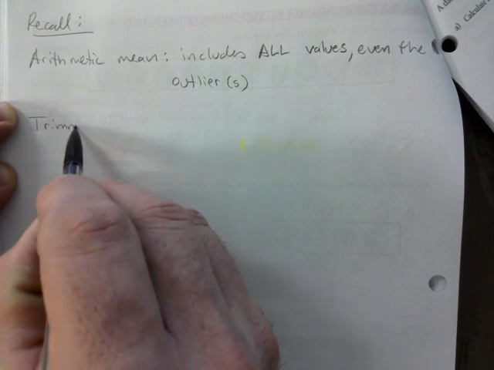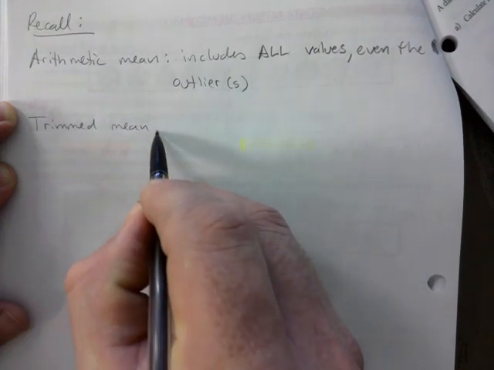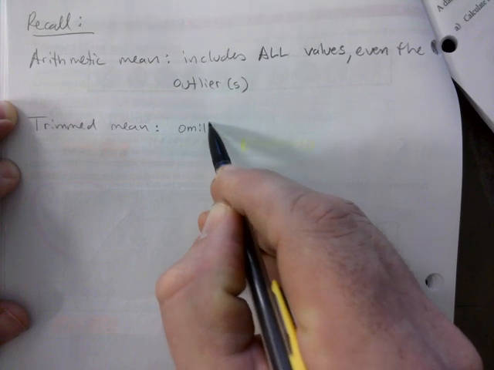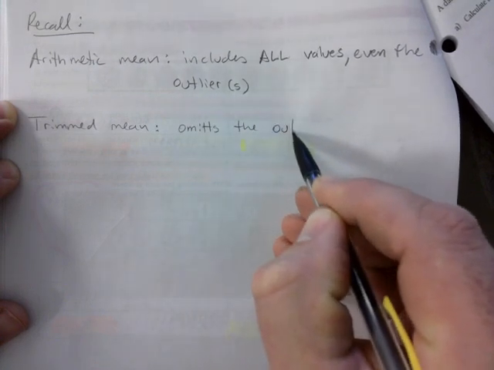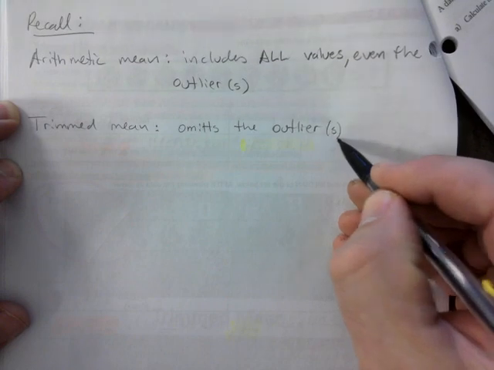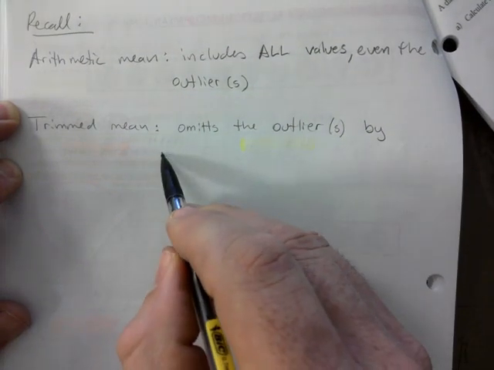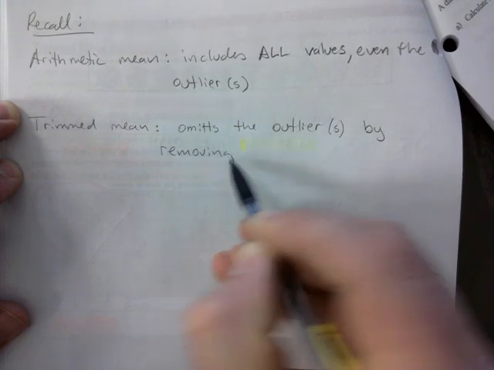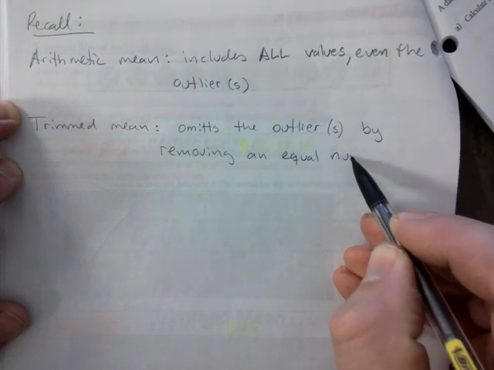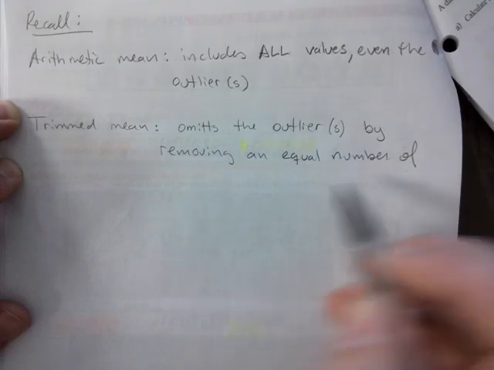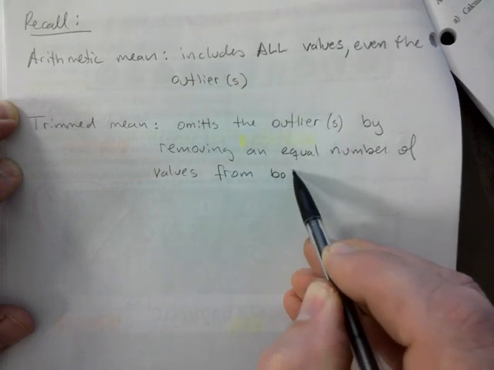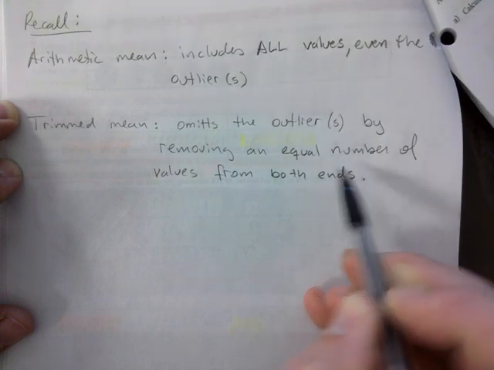Trimmed mean omits the outlier or outliers by, make sure you write this down, removing an equal number of values from both ends, right?